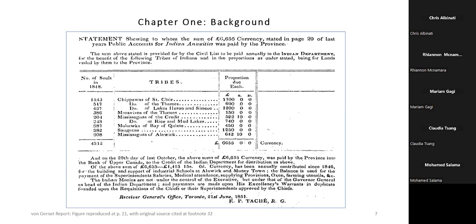And then, of course, the Saugeens, they're also Anishinaabe. So most of these are Anishinaabe. In fact, the only exceptions here are the Mohawks of the Bay of Quinte and the Moravians of the Thames.